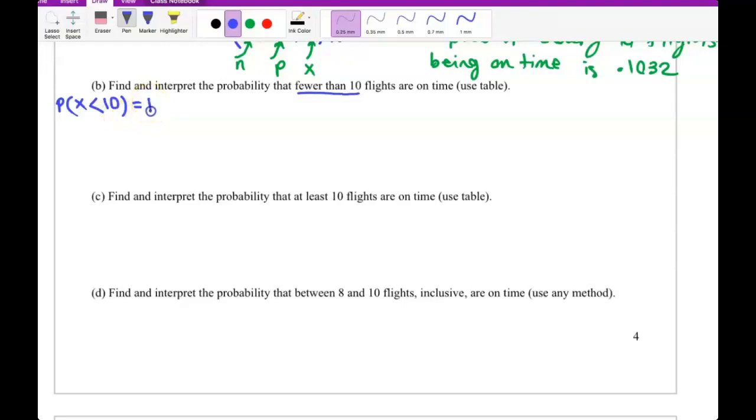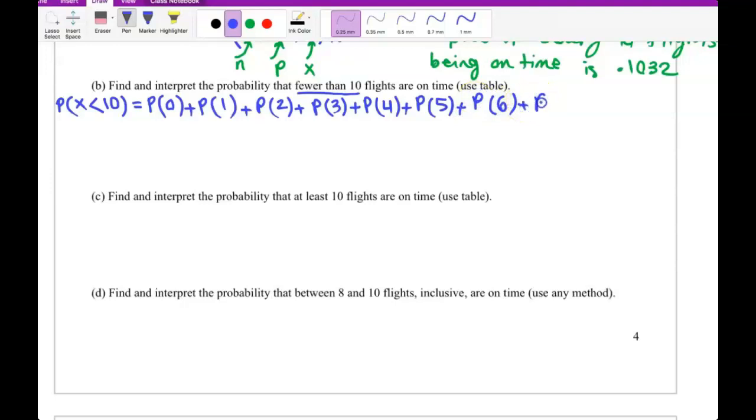We can have 0 flights, one flight, and so on, 6 flights, 7, 8, and 9.